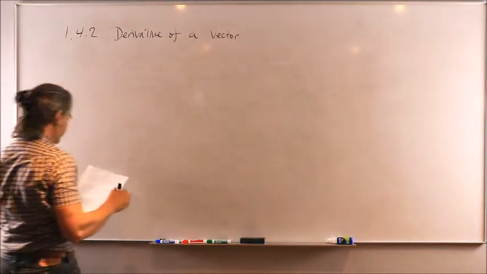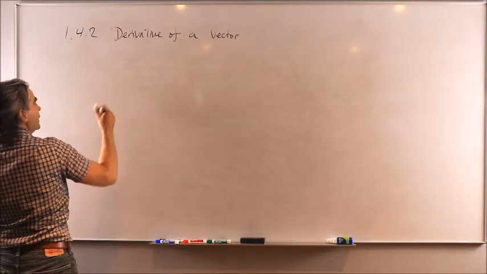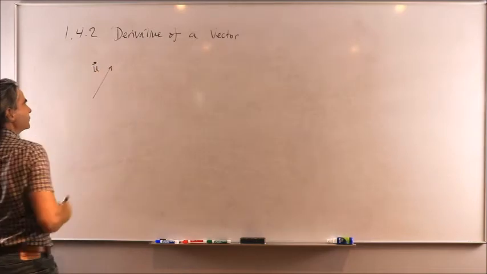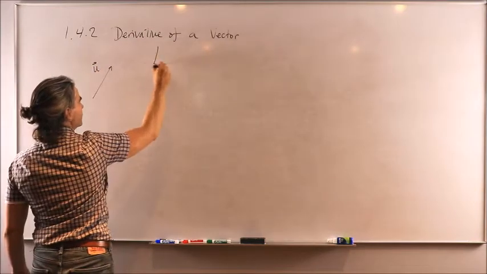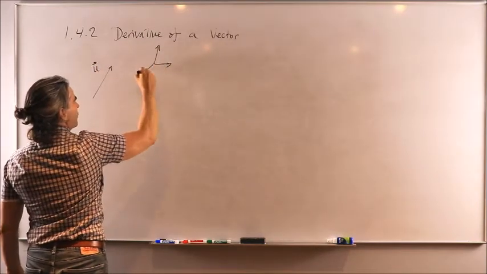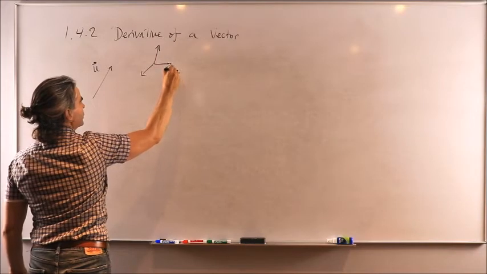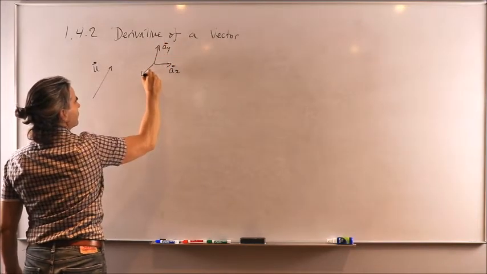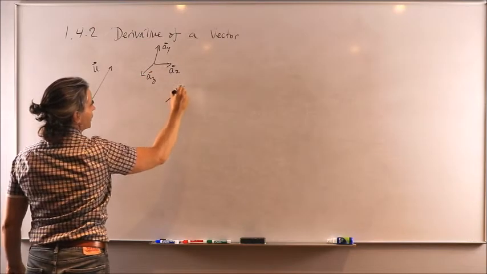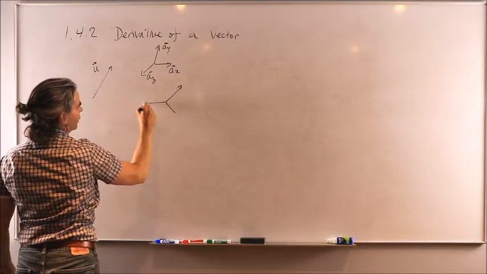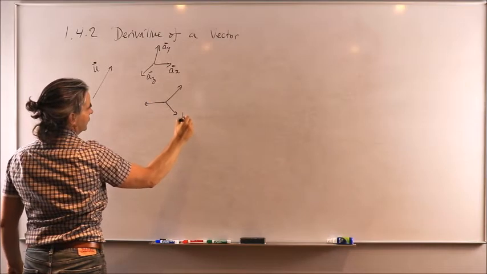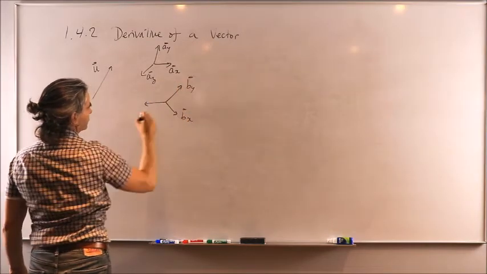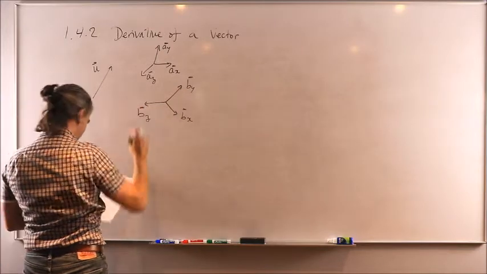So in this subsection, we're going to look at vector u and two reference frames. Reference frame A with its three orthogonal unit vectors, and reference frame B, which may be oriented differently than reference frame A. Like that.